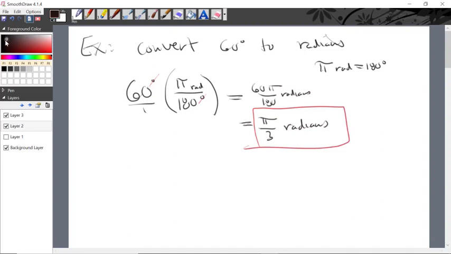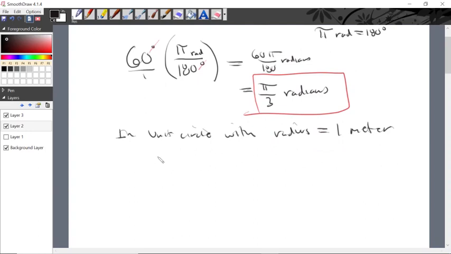So to give you an idea and a notion for what we can do with this radian measure, let's say that we are in the unit circle. If you're in a circle with a radius, let's say, of 1 meter, a circle of a radius 1 meter.